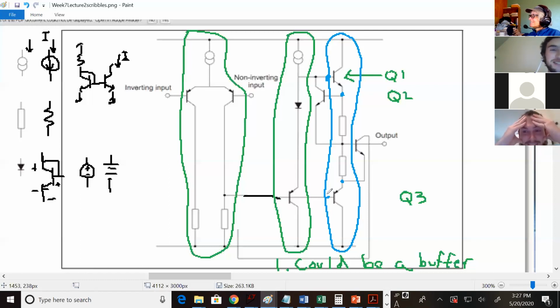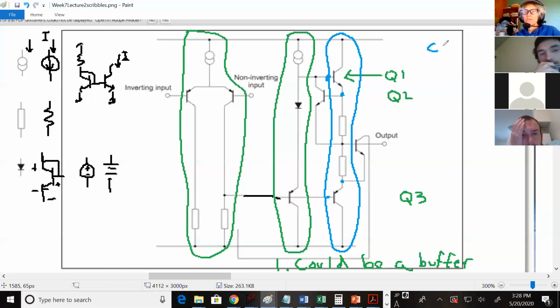Crossover. Yes, crossover. Dead zone or distortion. Distortion. I don't know why the sound game hasn't become more popular, but yes, crossover distortion. So if you follow this path from the base of Q1 through the push-pull to the other base, that is the voltage you need, so you won't get crossover distortion.